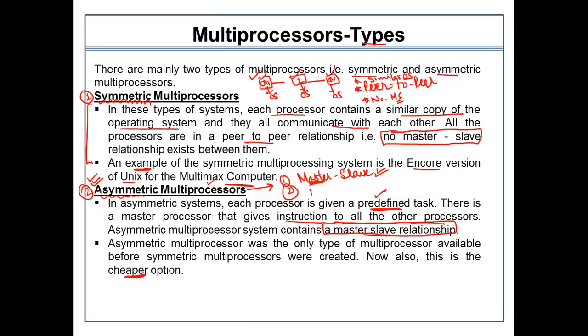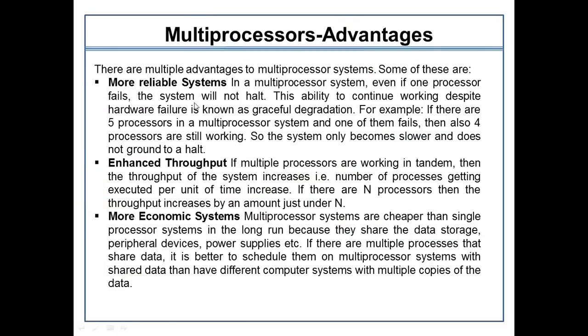After understanding the types of multiprocessors, now let's put some light on the advantages that these multiprocessors provide to us. In very layman language, if my machine has the capability of multiple processors, then what could I get? Definitely the reliability becomes high when we have multiprocessor systems available.